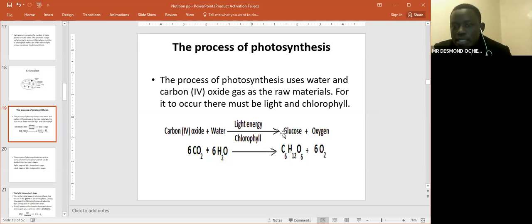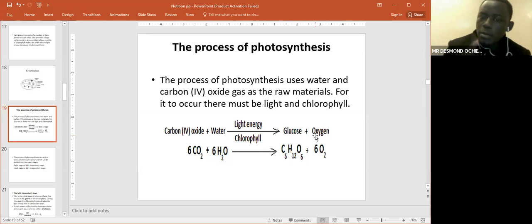On the product side, we have the products formed from the carbon dioxide and water. They give us glucose and oxygen. The food substance that is formed is usually in the form of simple sugars, which is glucose. So glucose is the resulting food product, a simple sugar formed from the raw materials, carbon dioxide and water.